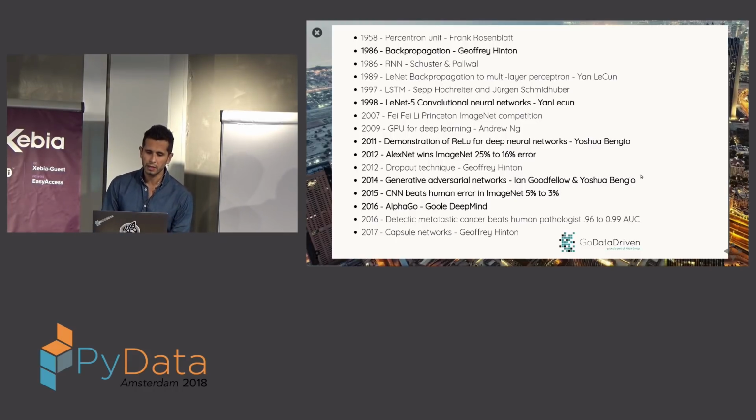In 2014, this is of course very new, there was a revolutionary idea called generative adversarial networks. I won't talk about them. If you submit the question and I get enough votes on it, I will address it at the end. Then in 2015, there were some clear breakthroughs, where we're beating human capabilities.